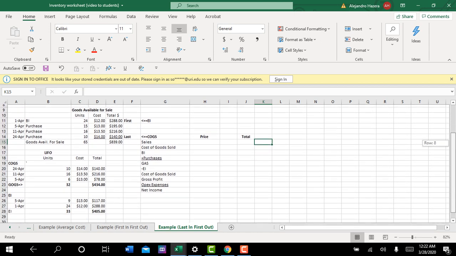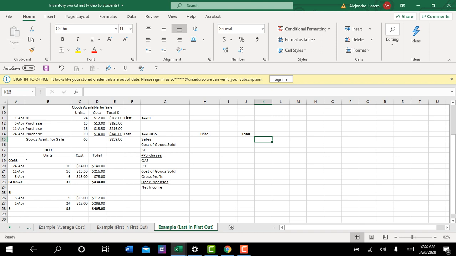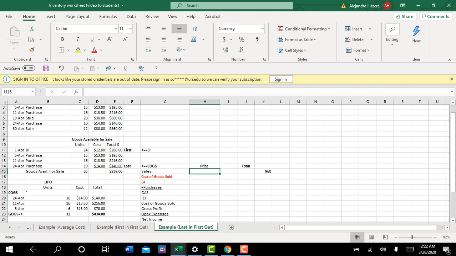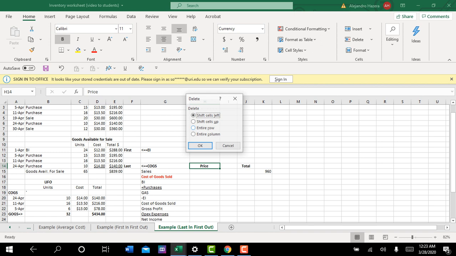I'll clean it up later. Our cost of goods sold section is going to be right here. We can get rid of this column here. Delete this column. We'll just put it there like this. We'll put the totals here.